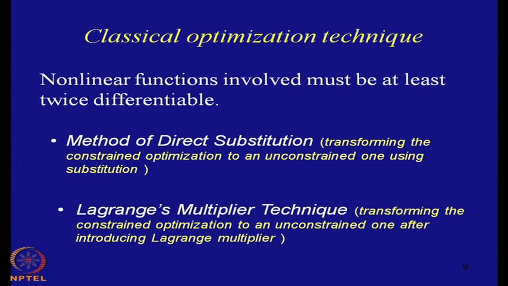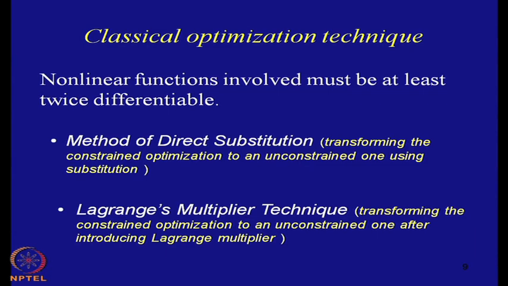And the Lagrange multiplier technique is another technique, which I will explain next, and that is a more powerful tool to handle constrained optimization problems. Here also we transform the constrained problem to an unconstrained one, and the rest of the procedure would be the same as I told before for the unconstrained classical optimization technique.